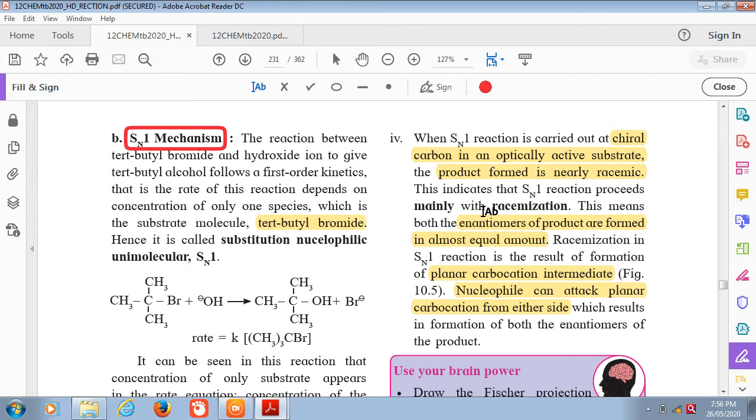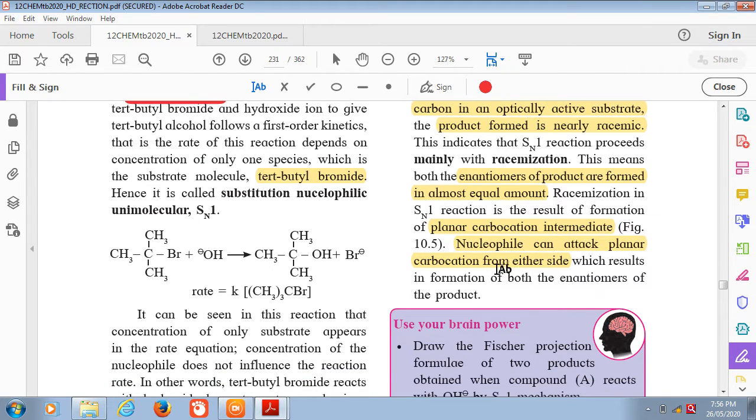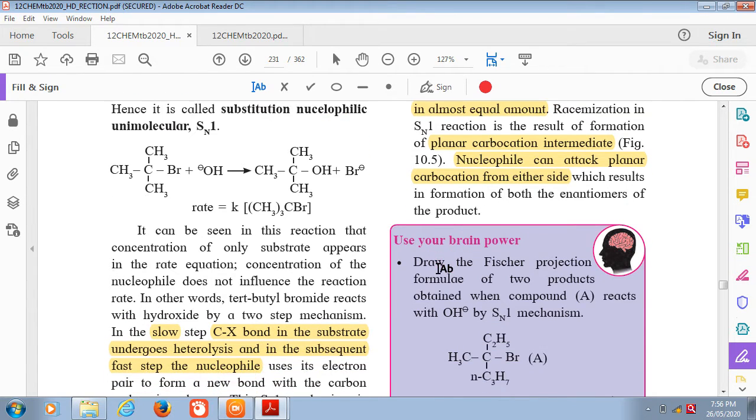A mixture of them gives a racemic mixture. So both enantiomers of the product, dextro and levo, are formed in almost equal amounts, and that's why there is racemization. The nucleophile can attack the planar carbocation from the front as well as the back side.